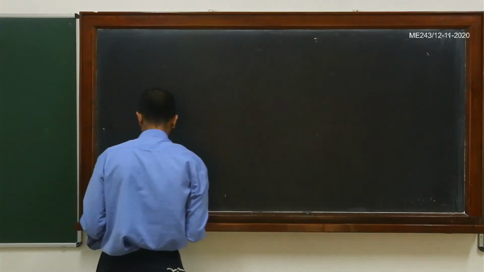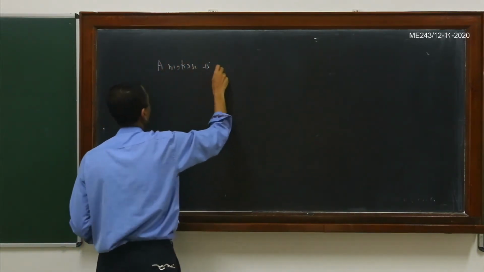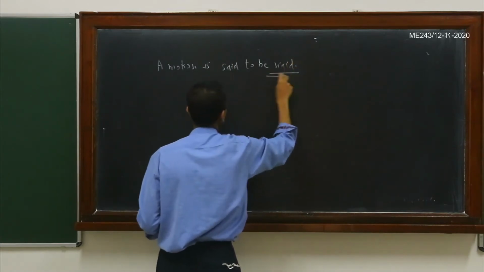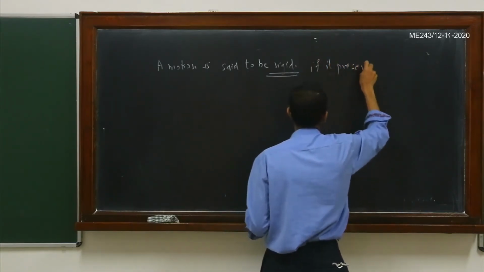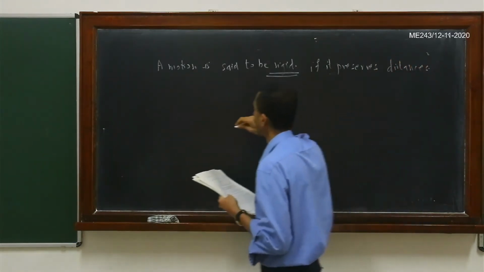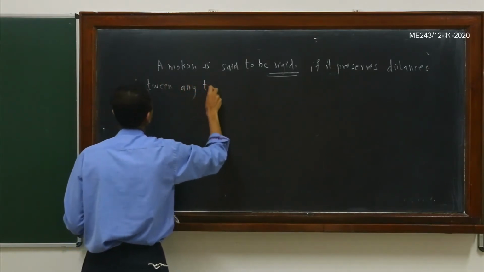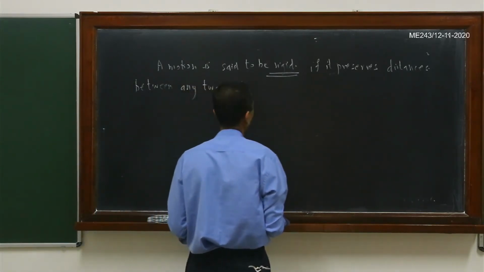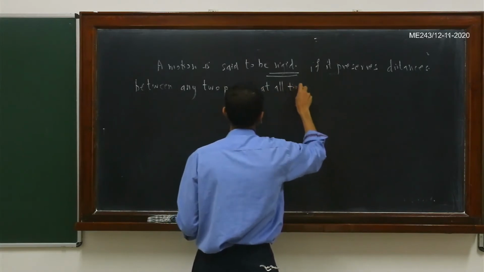A motion is said to be rigid if it preserves distances between any two points at all times.